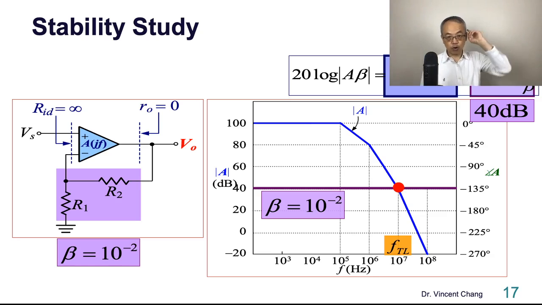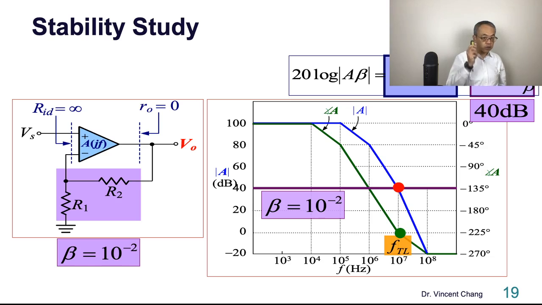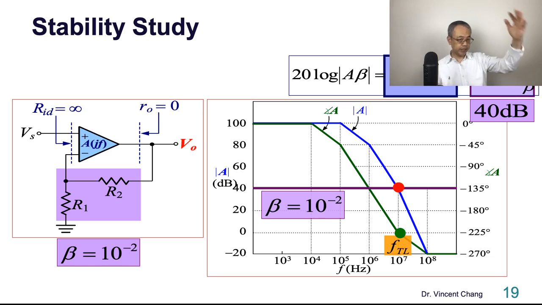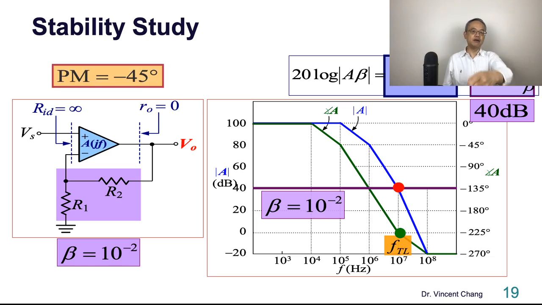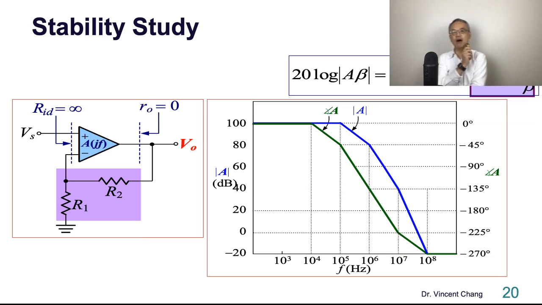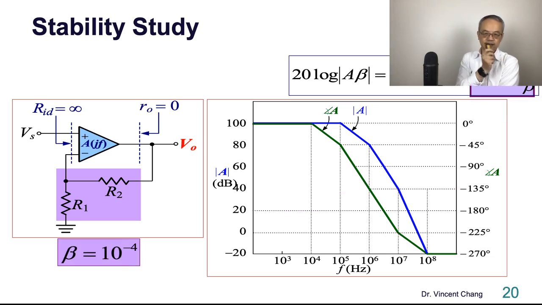Find out the corresponding phase. Compare the corresponding phase with what degree? 180, right? Now it's beyond 180. Unstable. Phase margin is negative, negative 45 degree. Unstable.